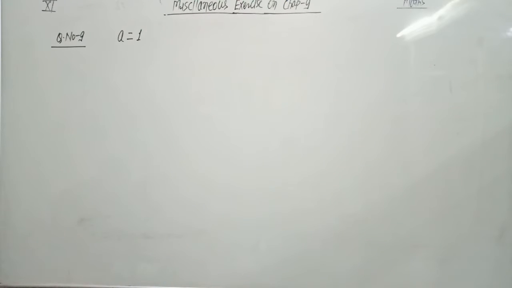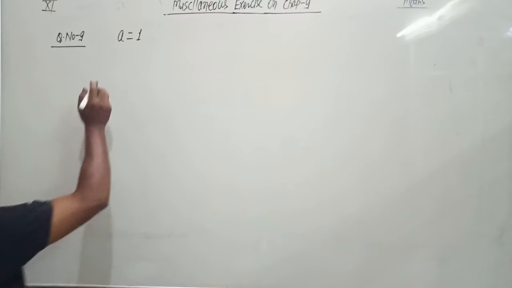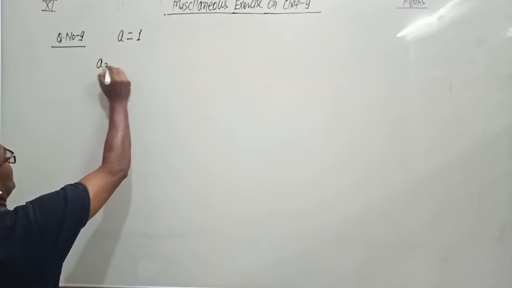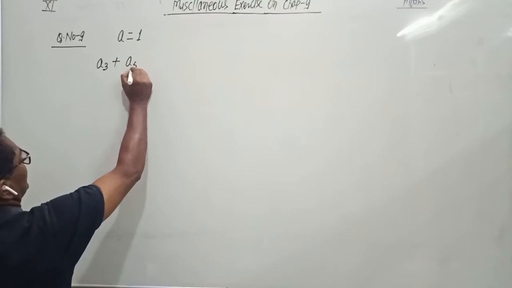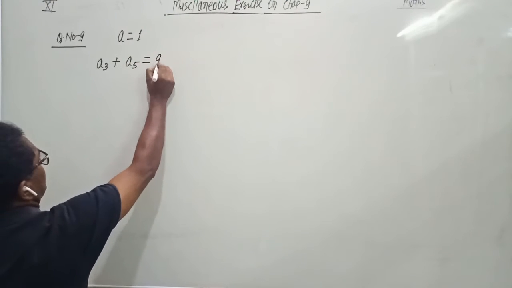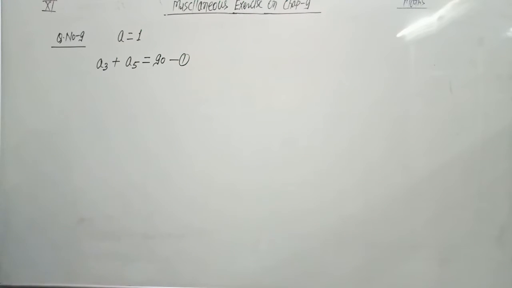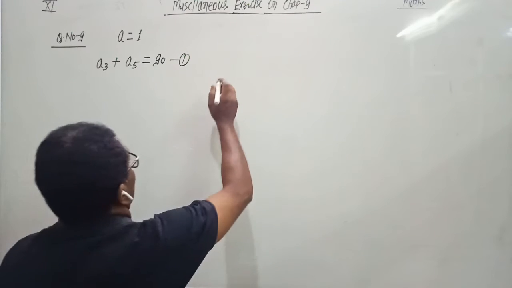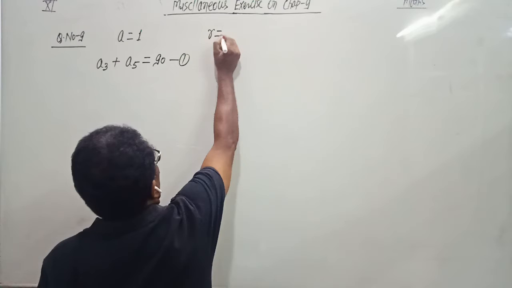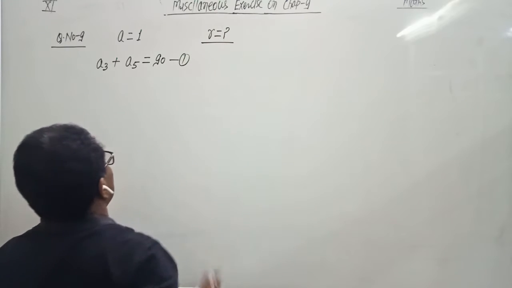The sum of the third term and fifth term is 90, that is a3 plus a5 is 90. The sum of the third term and fifth term of a GP is 90. Find the common ratio of the GP. We have to calculate the common ratio of the GP.